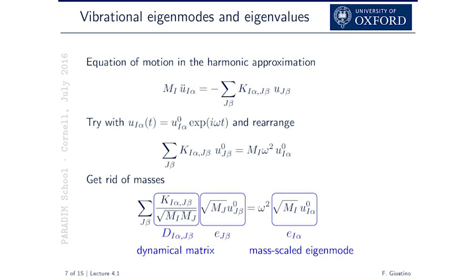So nothing really complicated. Now, what we can do to define vibrational frequencies is to try for solutions where the displacement oscillates in time, using a trigonometric function, cosine or sine. That's the usual ansatz.